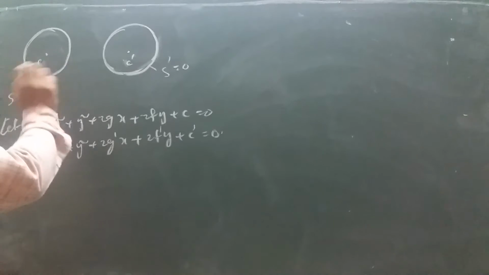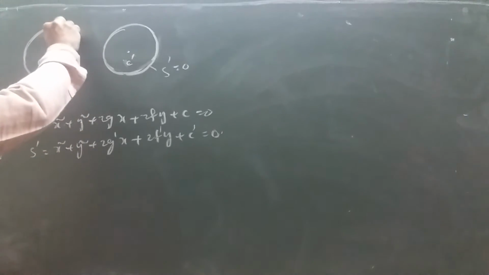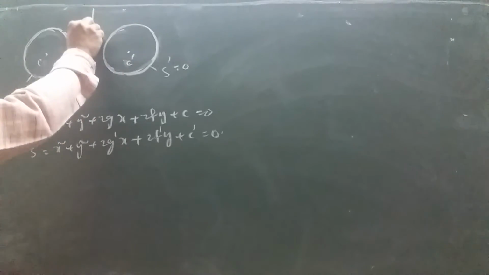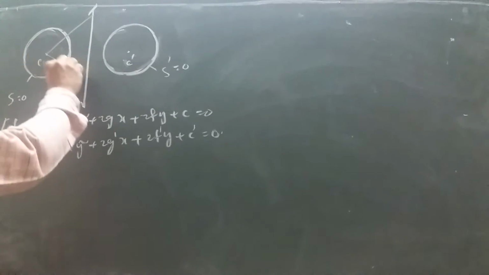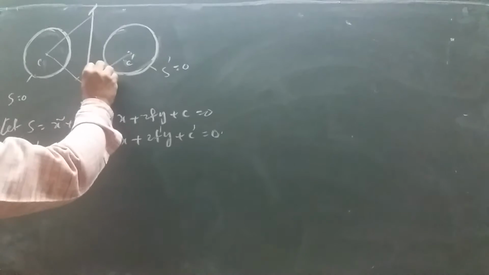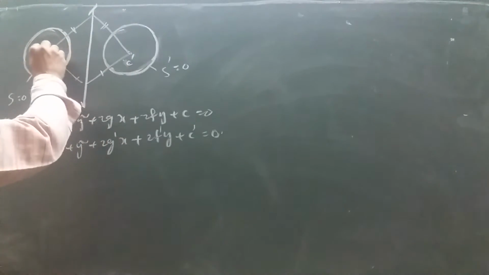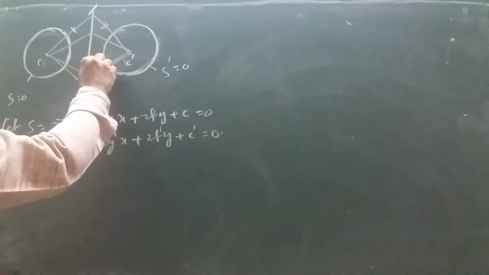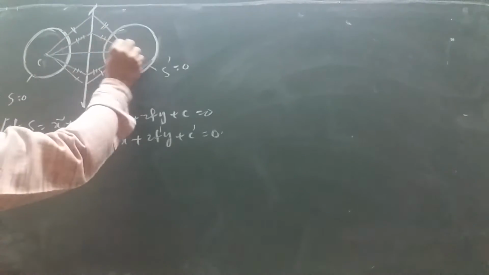Now, by using that, by the definition of radical axis, the locus should be like this, at equal distance from both. In this way, it will be.